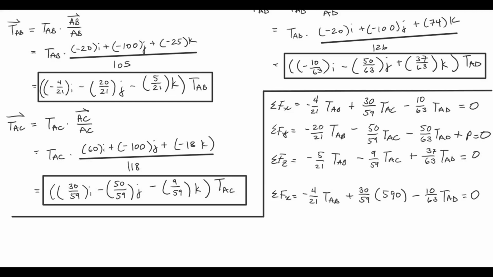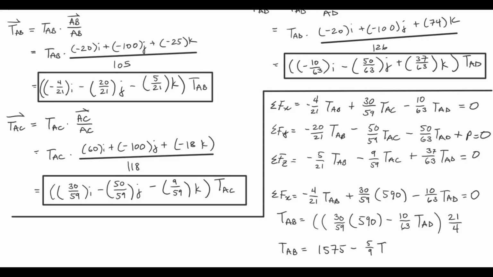And solving for tension AB in terms of tension AD, this will give us... So solving for tension AB, we get 1575 minus 5 over 9 times tension AD.